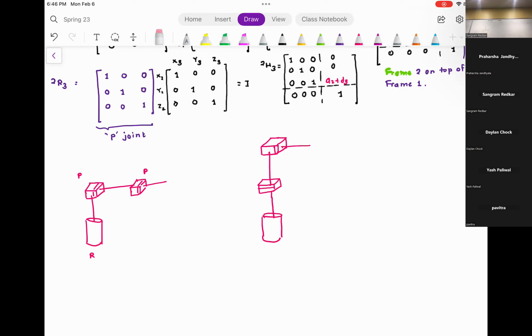No matter how those two frames are located, at the end of the day you have to stick to your basic coordinates. Everyone understood that?